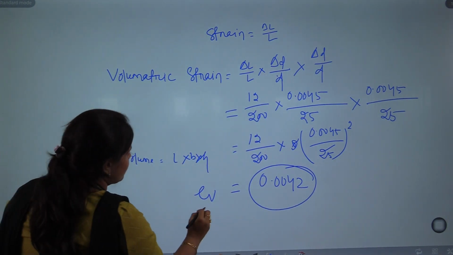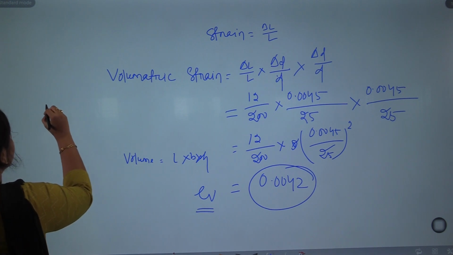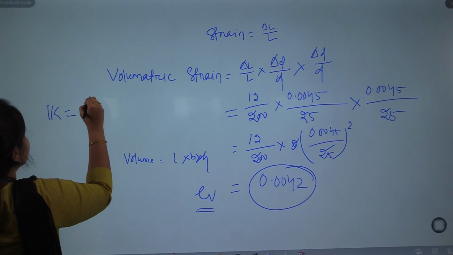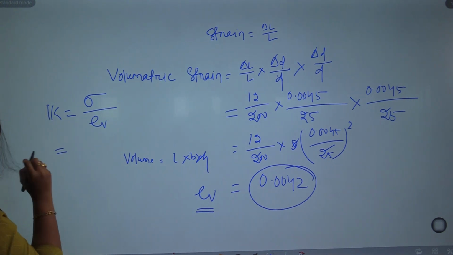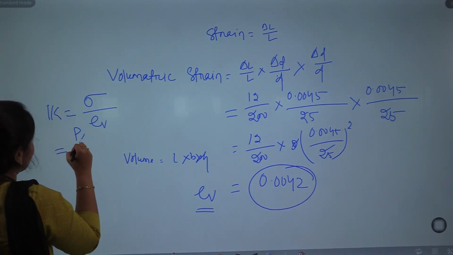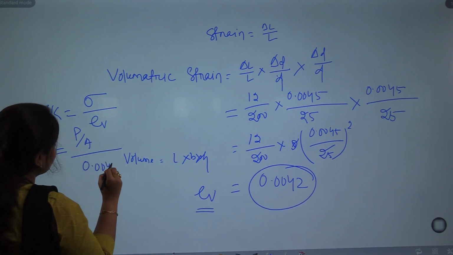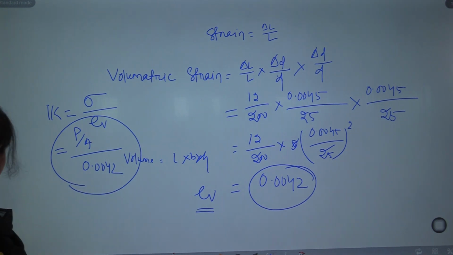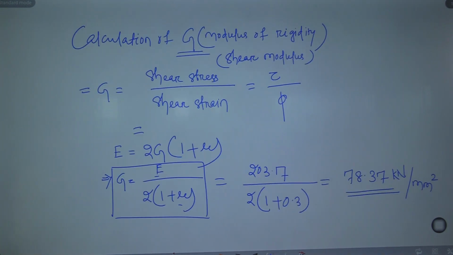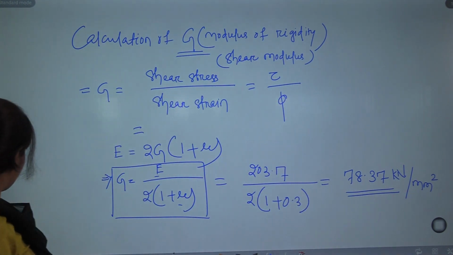If we divide by this value to calculate K, we need stress and EV. So, stress will be P upon A divided by 0.0042. We can cross check this value by calculating that.